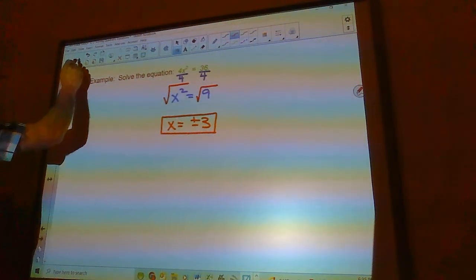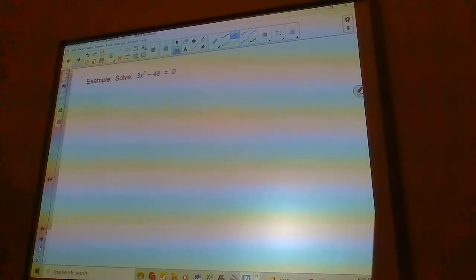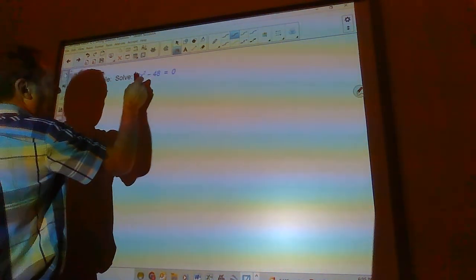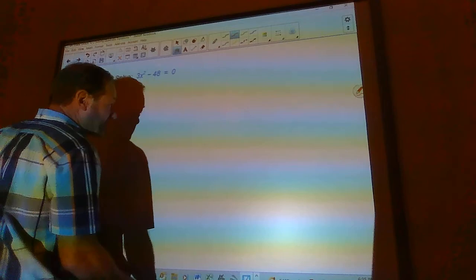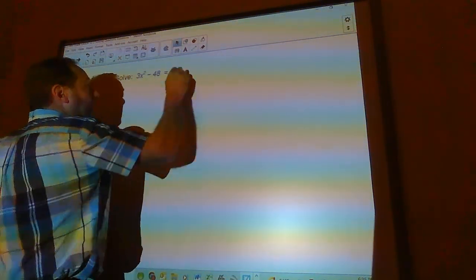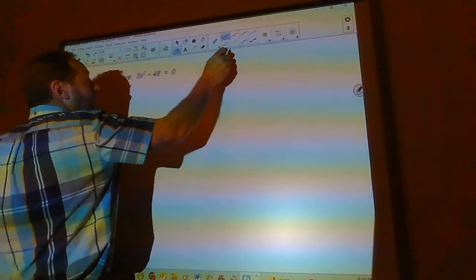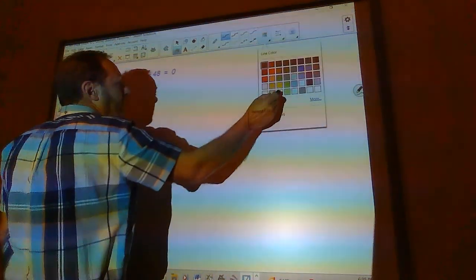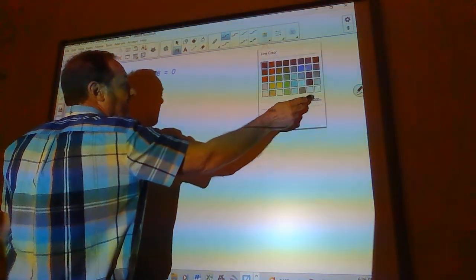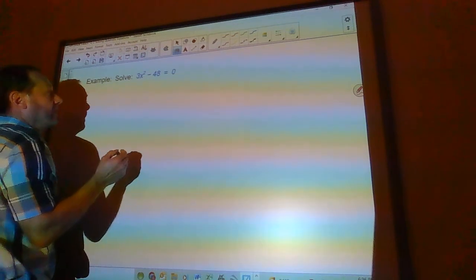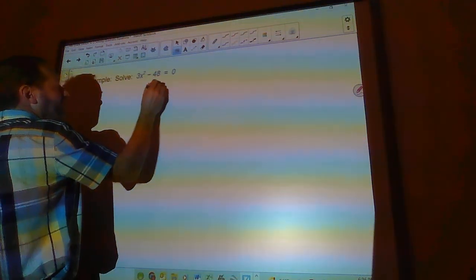Okay, piece of cake. What if I have both of these? I have something out here and I've got something up here. Well, I just take it in steps. I'm going to add 48 to both sides.